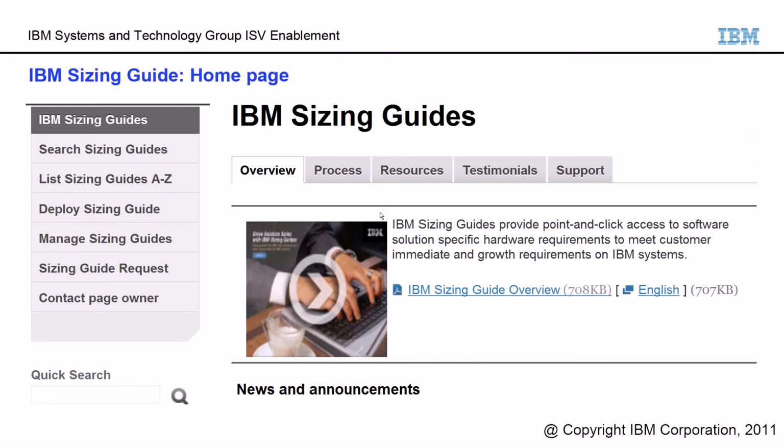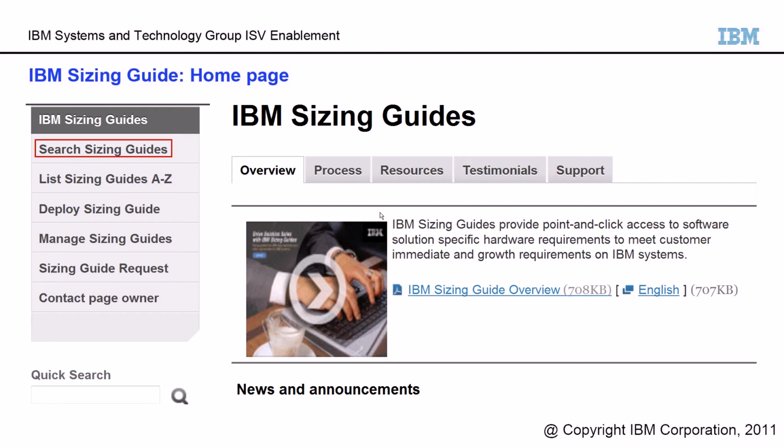In the left pane of the Sizing Guide homepage, you can find options to search for a sizing guide of your choice, view an alphabetical listing of all sizing guides, deploy your own customized sizing guide solution, and manage the deployed sizing guide. Similarly, there are also tabs that provide more information on sizing guides, the process involved in creating a sizing guide, lists of available resources and testimonials, as well as IBM Sizing Guides support.